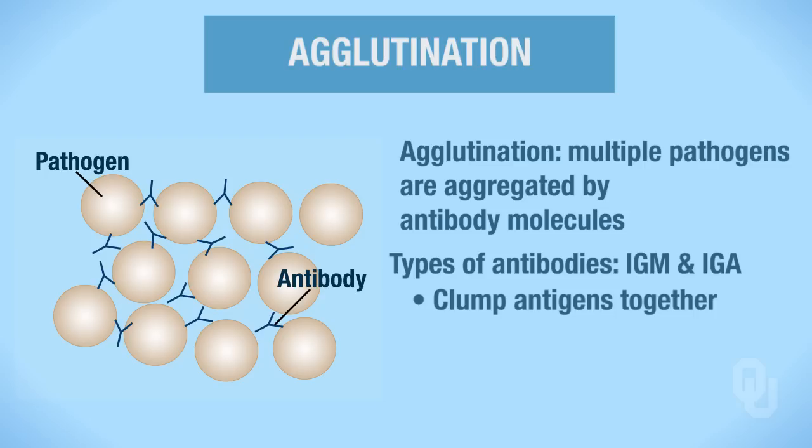All right, so here you see all of these pathogens clumped together. Because if you clump all these antigens together, then that blocks the activity of your pathogen. So that pathogen, for example, couldn't invade a tissue. All right? Be sure you understand agglutination when it comes to blood types as well.